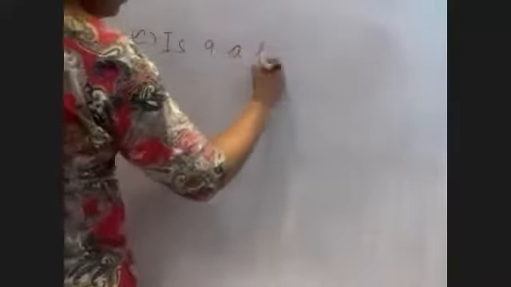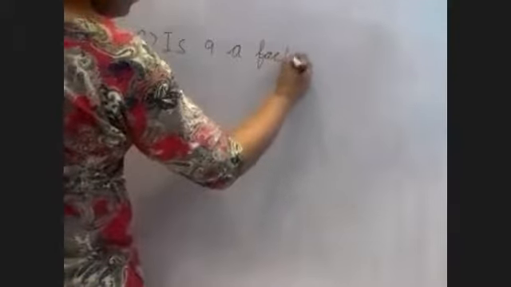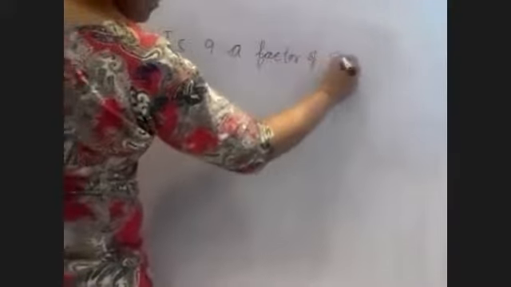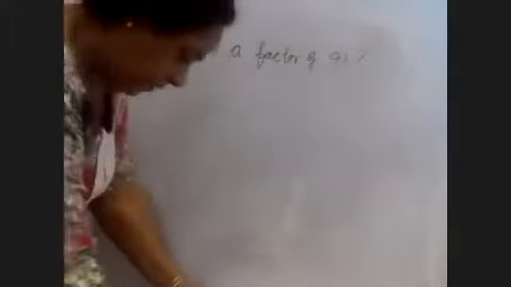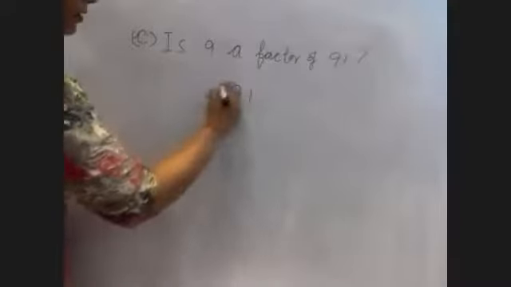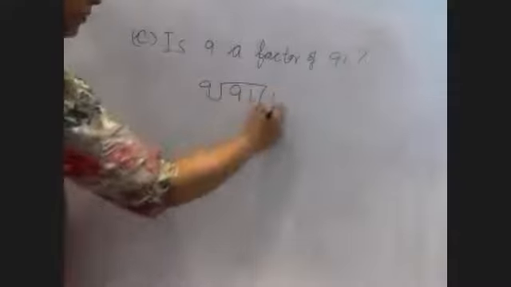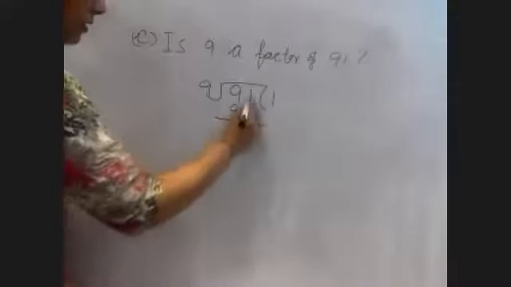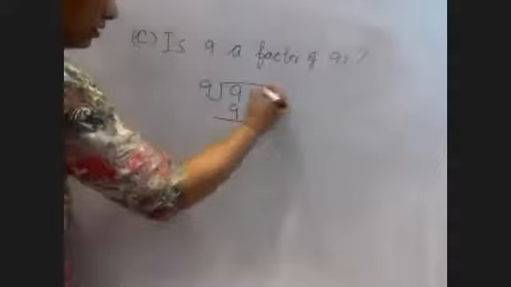Now divide 91 by 9. 9 1 are 9, and the 1 0.